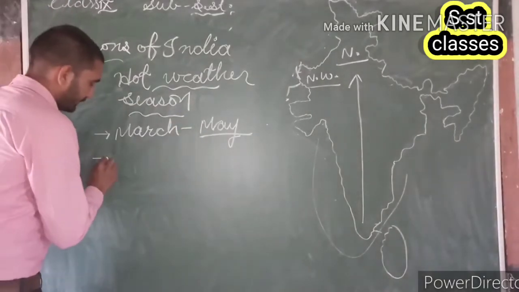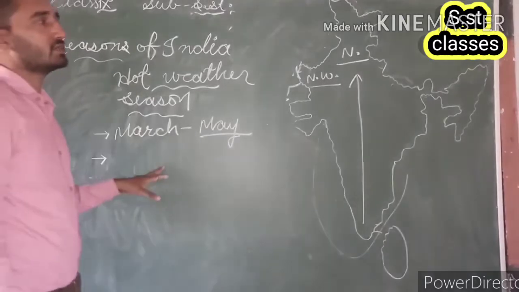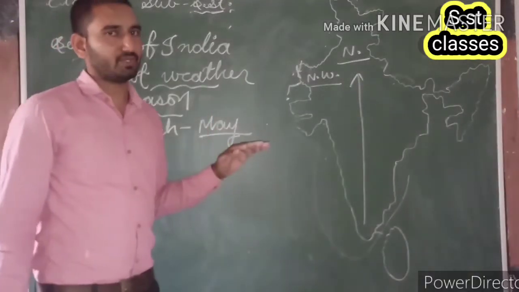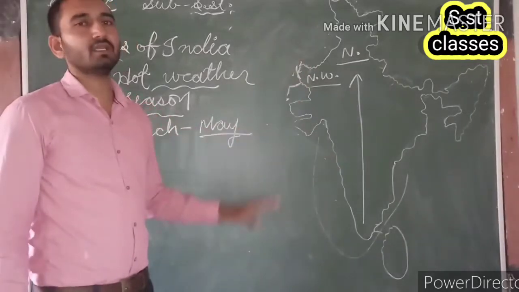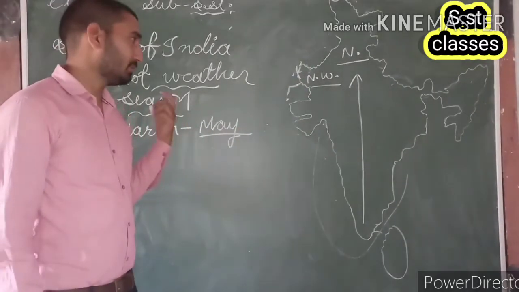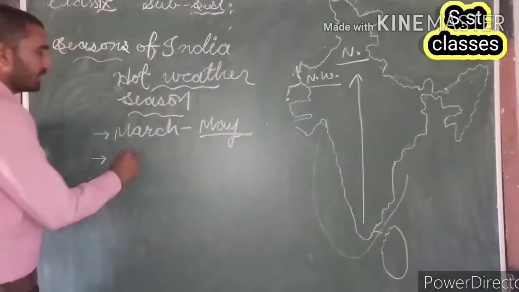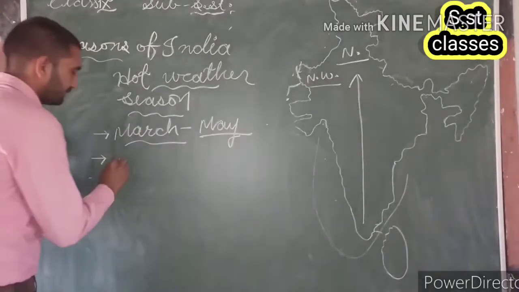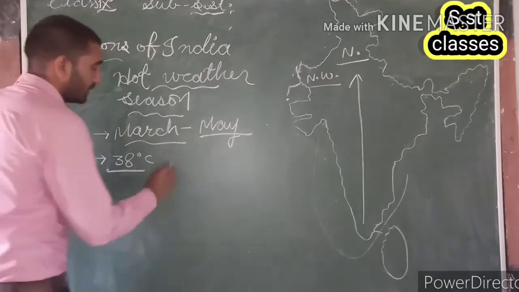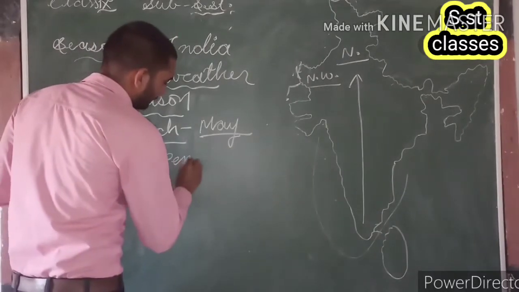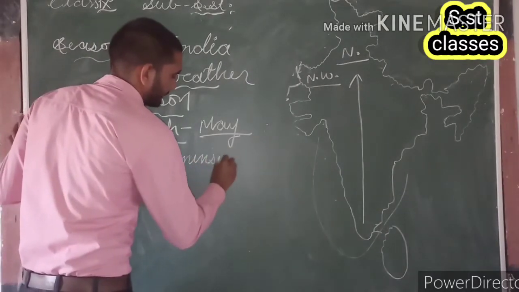During this time we generally notice high temperature from the southern side towards the northern side. In the beginning of this season, in the beginning of March, generally we find 38 degrees Celsius temperature in the peninsula part of the country.